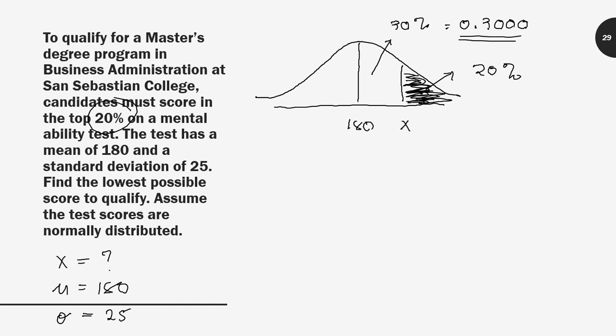Okay? So, tignan nyo yung table mga anak. Kapag wala pong eksakto na 0.300, so ang hahanapin po natin dyan is yung closest value. Okay? Yung pinakang malapit dyan po sa 0.3000. Okay?